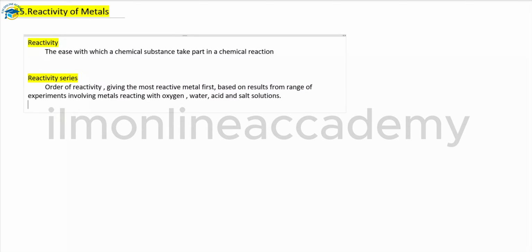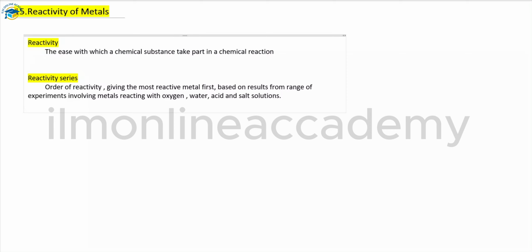So here you can see we have the reactivity and the reactivity series. The most basic definition of reactivity is the ease with which a chemical substance takes part in a chemical reaction.